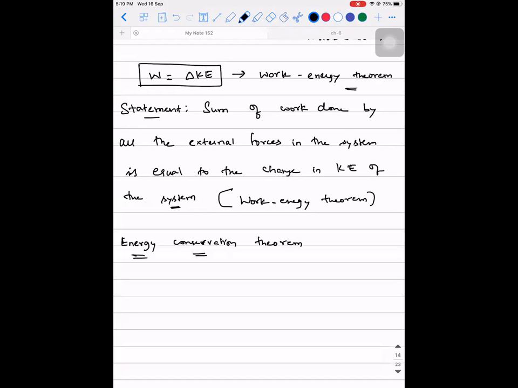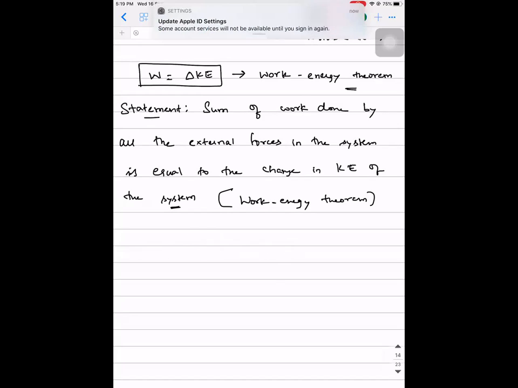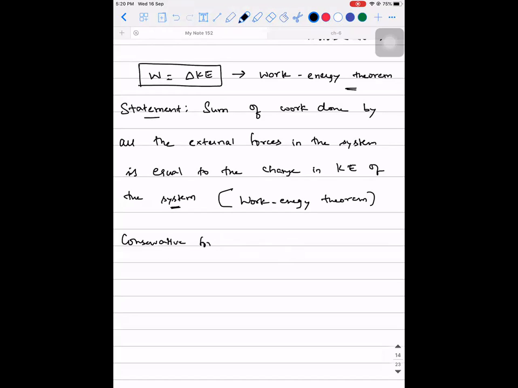Before I enter into that theorem, I'll explain two more concepts, conservative force and non-conservative force.